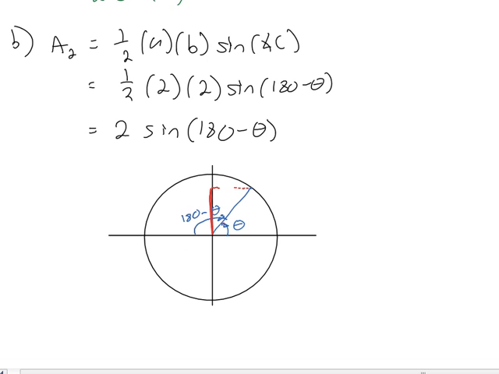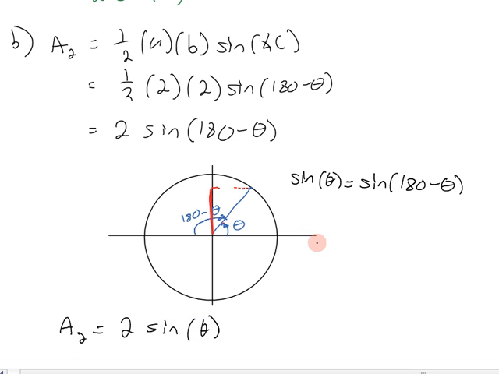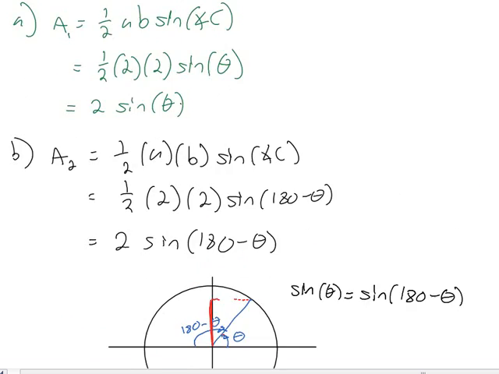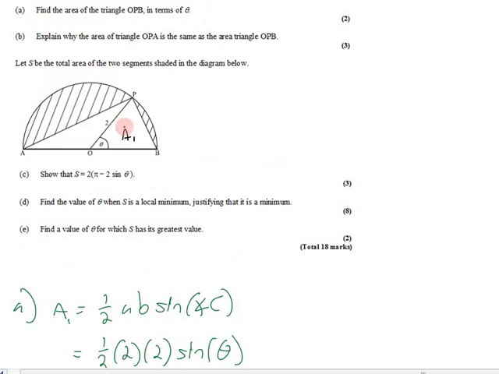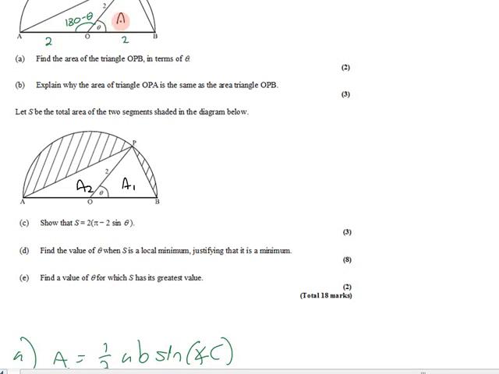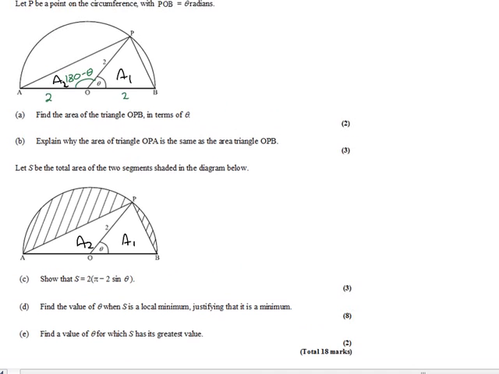And so the sine of theta is equal to the sine of 180 take theta. And so therefore, the other triangle's area is also 2 sine of theta. So we've shown that the two triangles, A1 and A2, must have the same area.